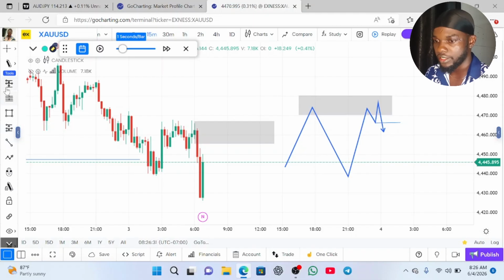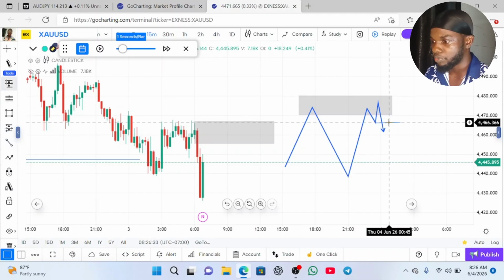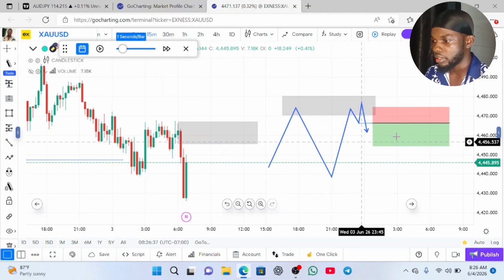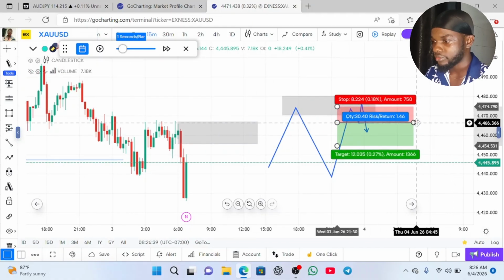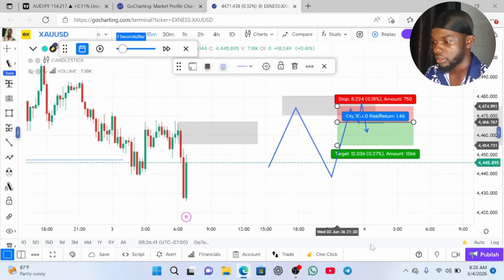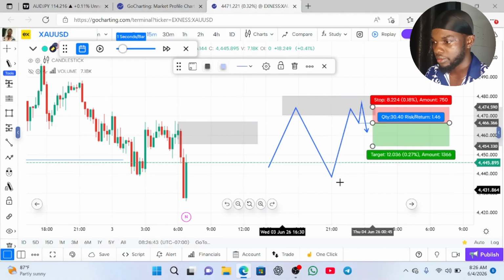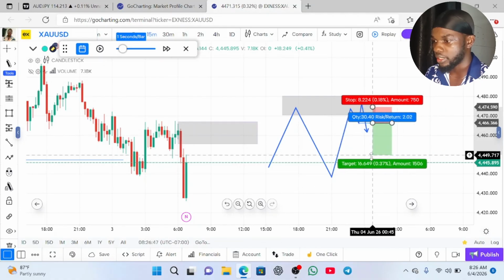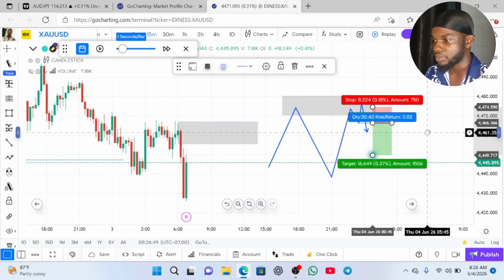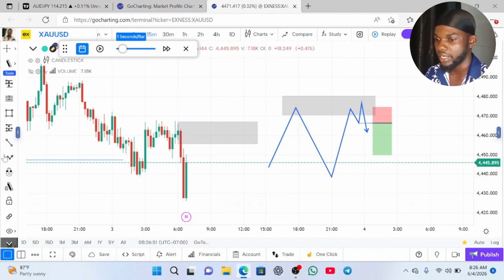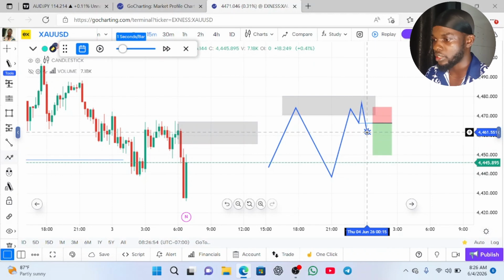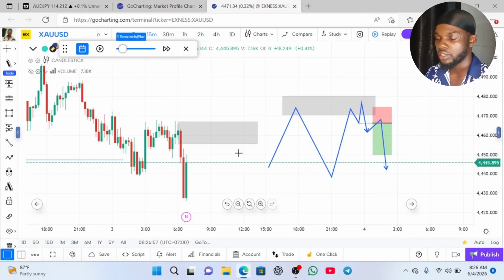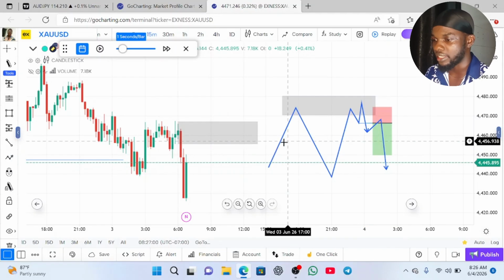Then here I'll put my entry and my stop loss here. Then I'll target 1:2 depending. So this is what I'm anticipating. The market will come back here, tap and sell off. That's basically my entry model.